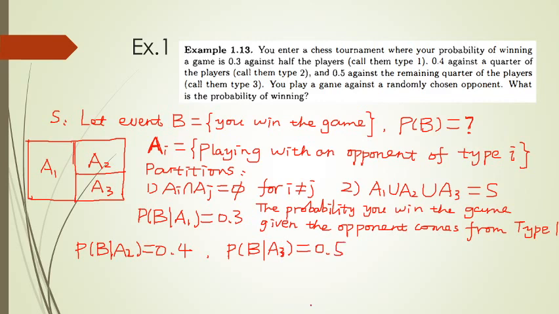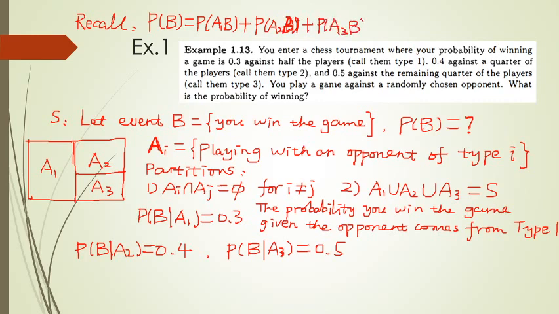And according to the total probability theory, let's recall the total probability theory. If n is 3, the probability of B can be written as the probability of A1 intersect B plus A2 intersect B plus A3 intersect B. But we can rewrite the Ai intersect B as conditional probability.